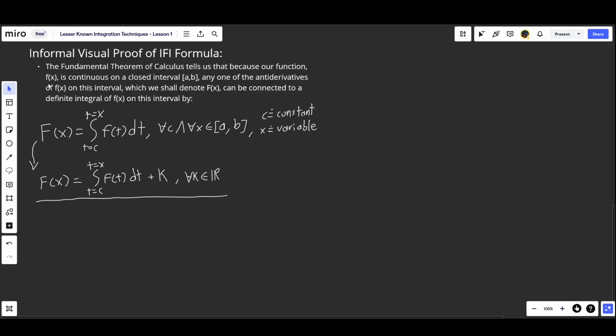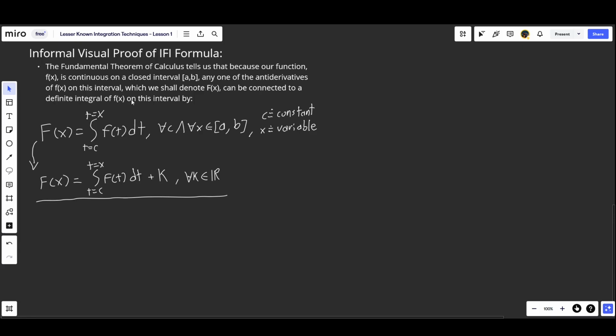Because we defined f of x, the function that we want to find the antiderivative of using inverse function integration, to be continuous on a closed interval a to b, we can therefore connect the antiderivatives that f of x has on this interval to definite integrals of f of x on this interval.